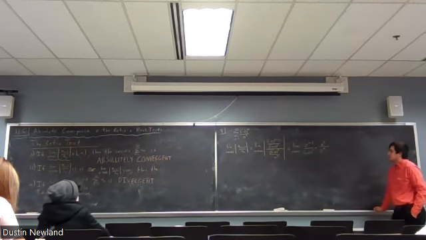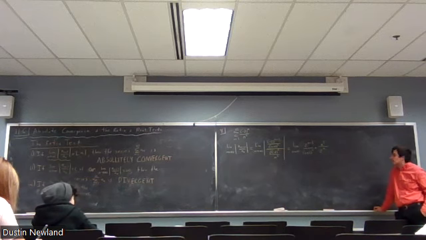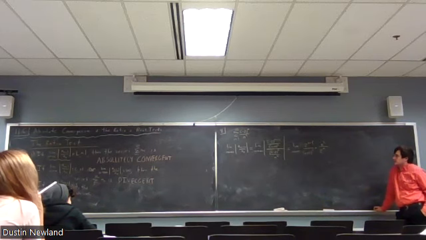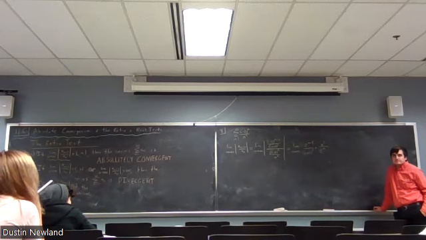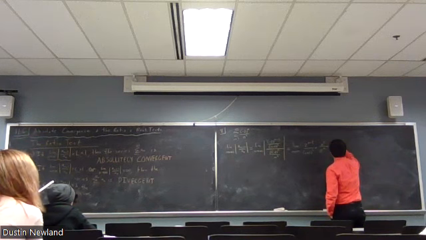Okay, good. Now, let's see if there's anything that's going to cancel here that I could cancel out at the moment to make this a little simpler. What do we think? See anything? Yeah. So I'm going to rewrite this.